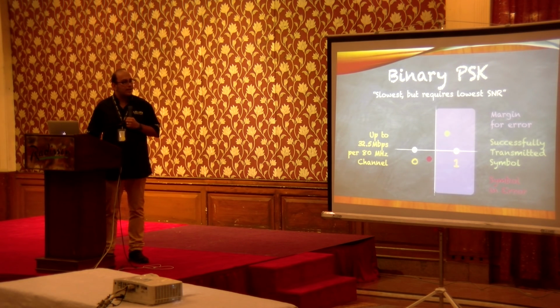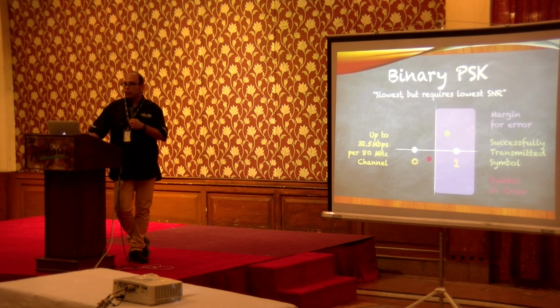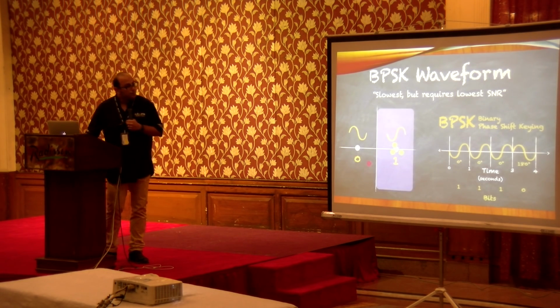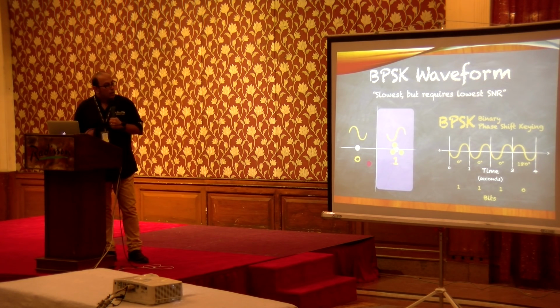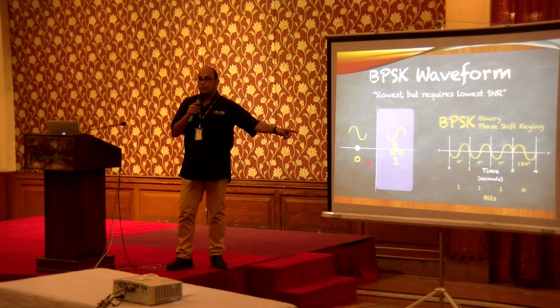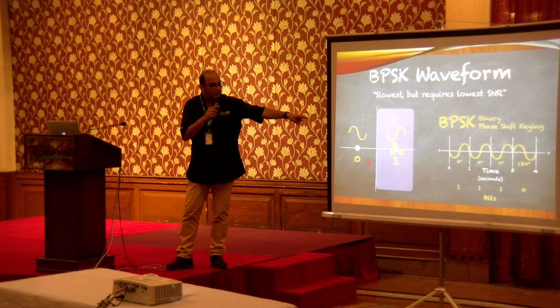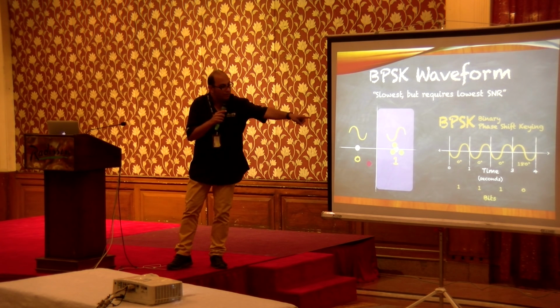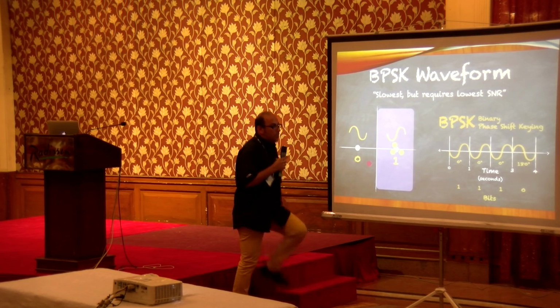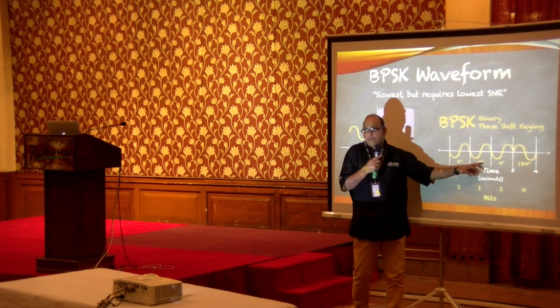So in BPSK, at the same time, you are transmitting 2 symbols. In each symbol, you are transmitting 1 bit. For example, if you want to transmit 0, the waveform is like this. If you want to transmit 1, the waveform is like that. When you are transmitting continuous 0, there is no problem.